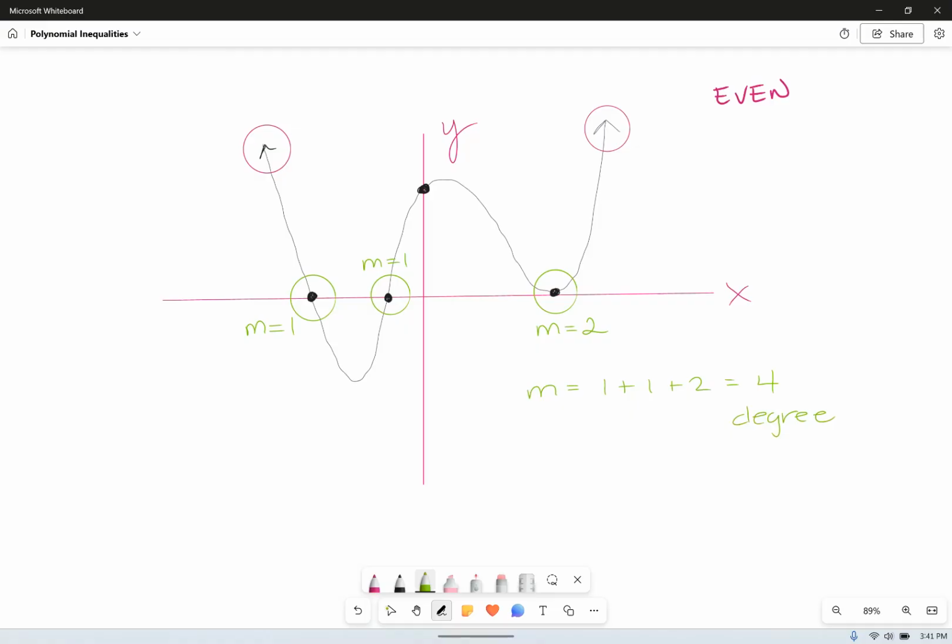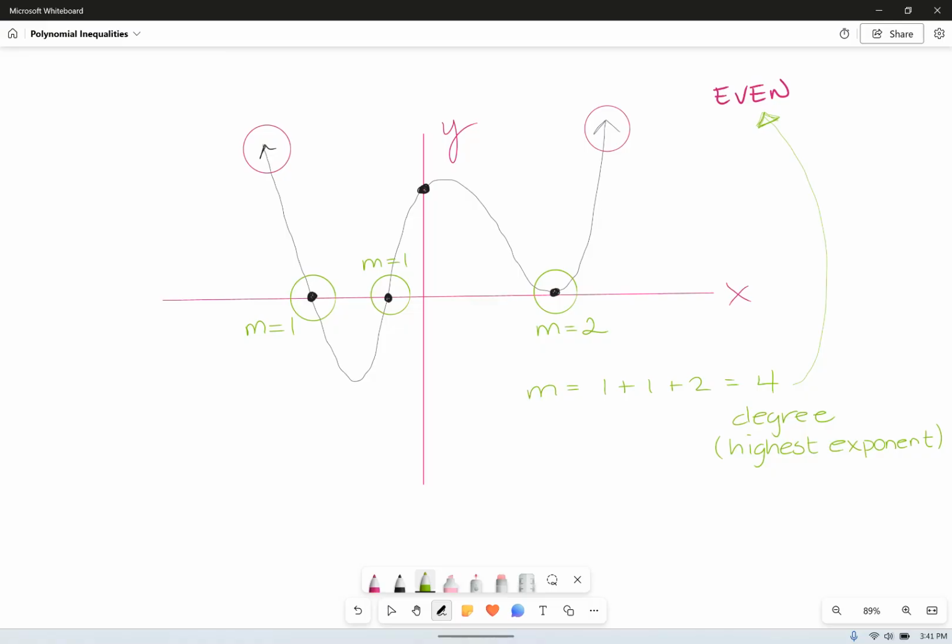Recall that the degree of a polynomial will always be your highest exponent in standard form, or in factored form. So it verifies the fact that we said our graph was even, right? So our degree was that of an even graph.